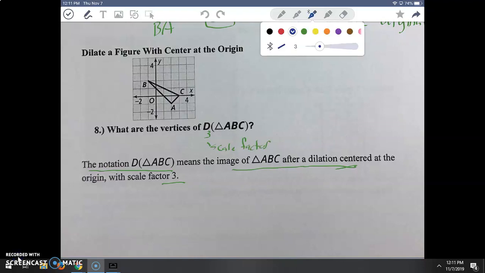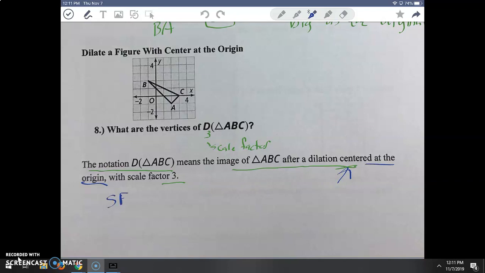Define a dilation when it's right at the center. When a dilation is centered at the origin, this is actually really easy to do. So we know our scale factor is 3. What we're going to do is take every point and multiply it by 3.